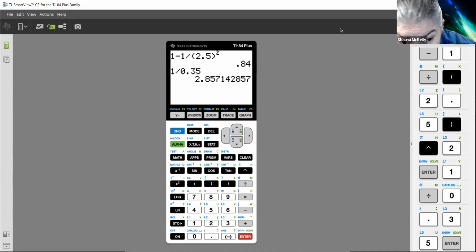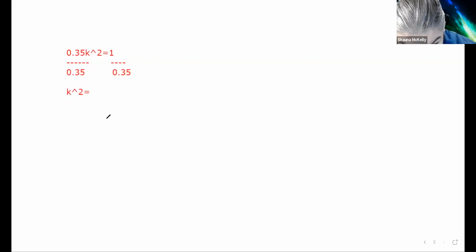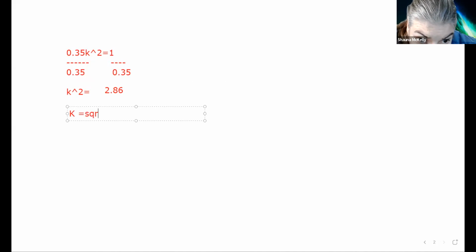So now K squared is about 2.86, right? Now that's K squared, that's not K. So I'm going to take the square root of it. So K is the square root of 2.86.